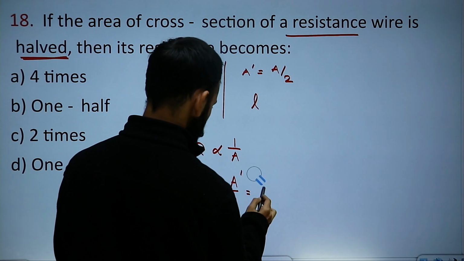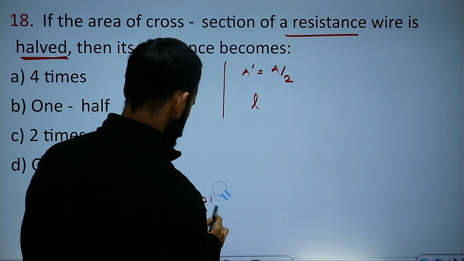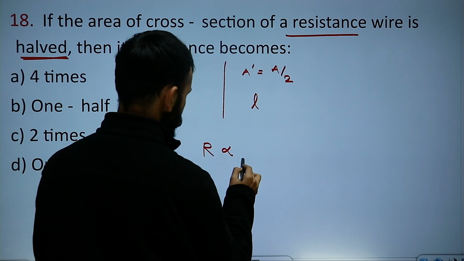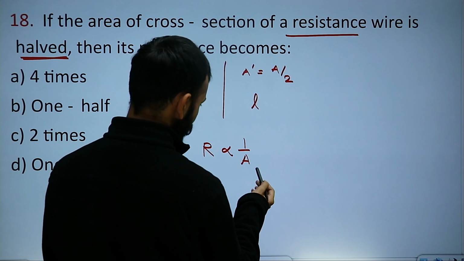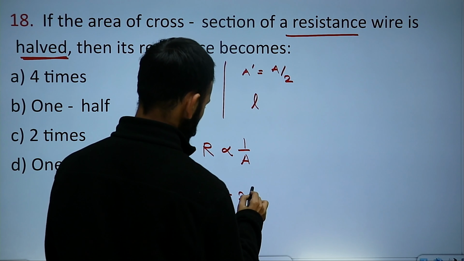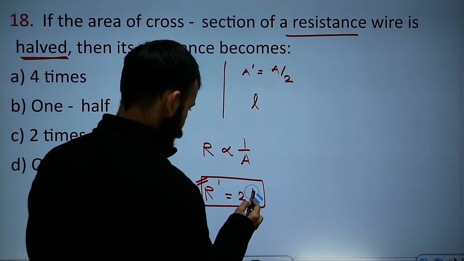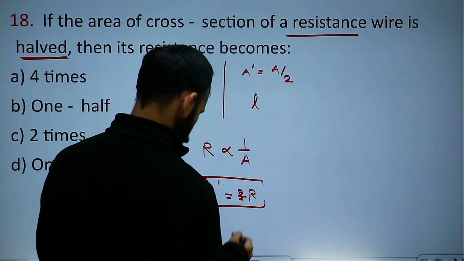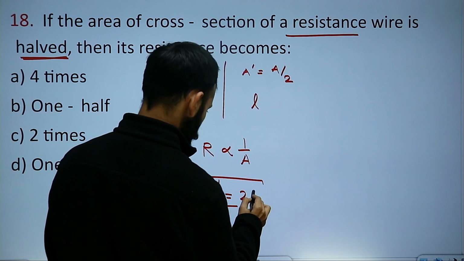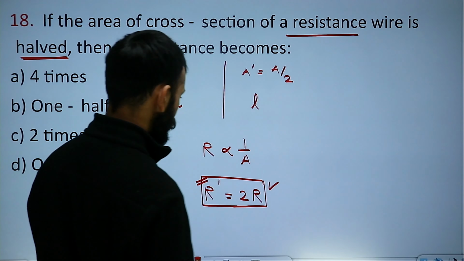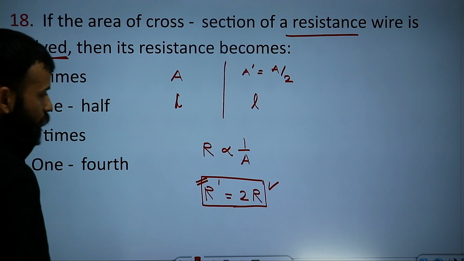So since the area is halved, our new resistance will be 2 times the initial resistance, because they are inversely proportional. Clear? So that will become 2 times.